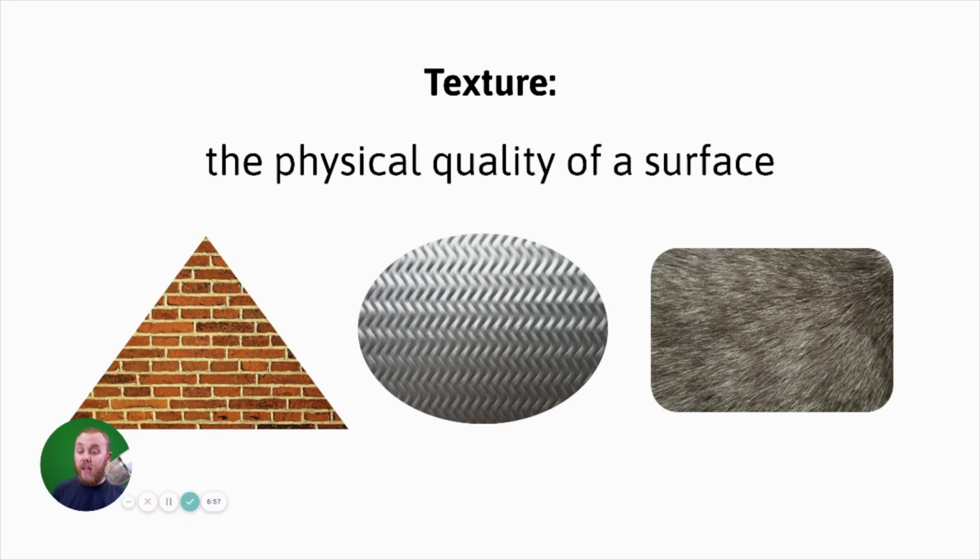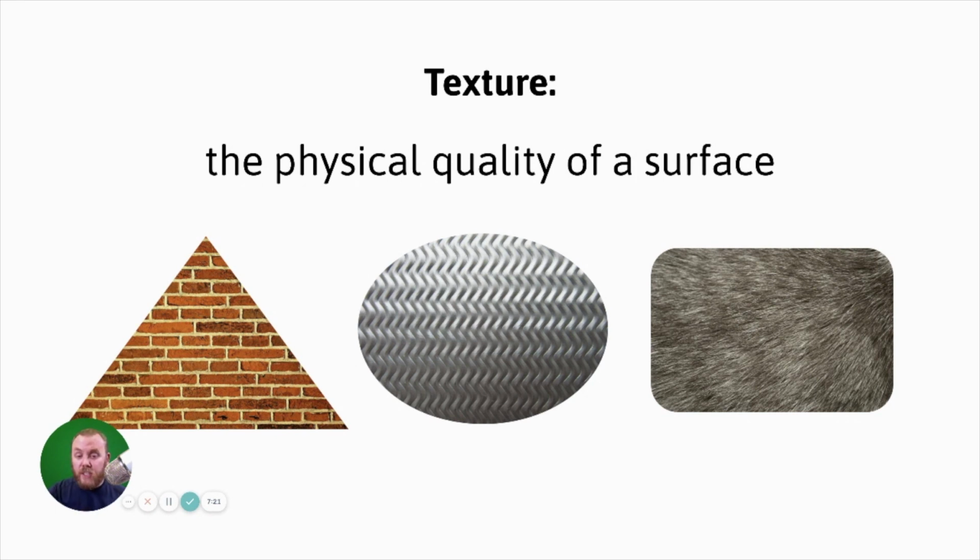When you have a shape or a form, whatever kind of colors it in can create the physical quality of it, which is a texture. So we have got the bricks and the steel and the fur. And if you think about each one of those, you can feel that the bricks are rough without actually touching them. You can feel that the middle one is probably very smooth.